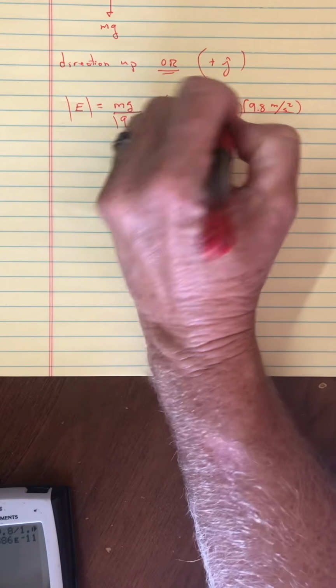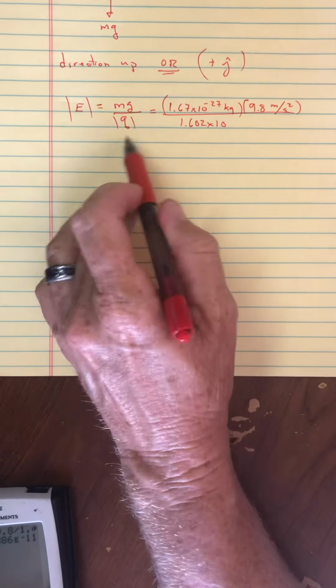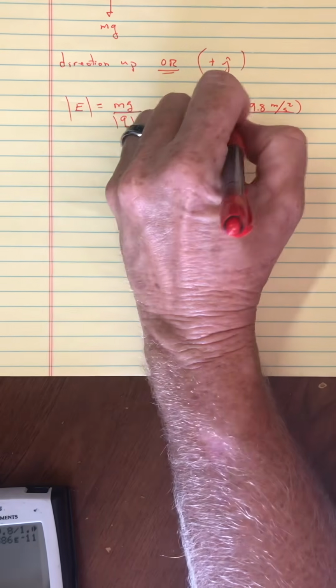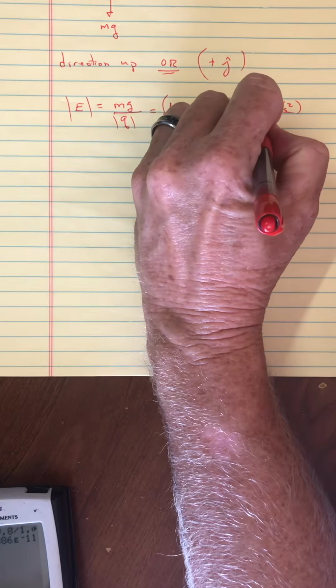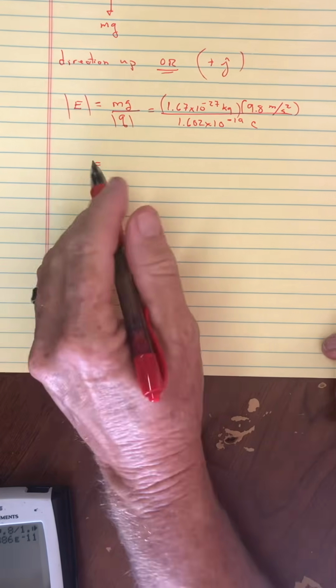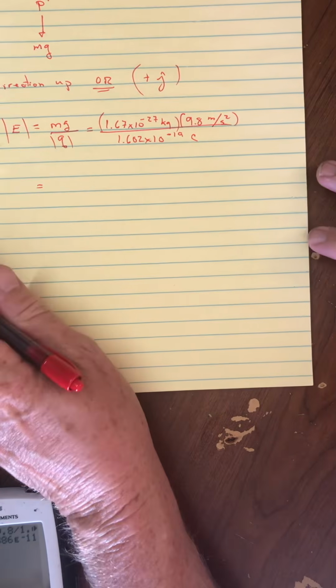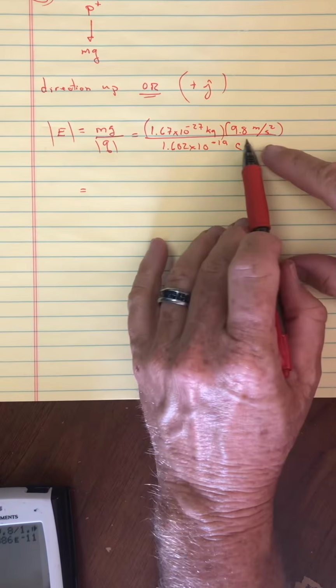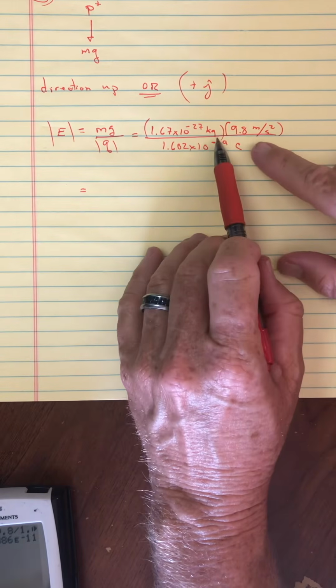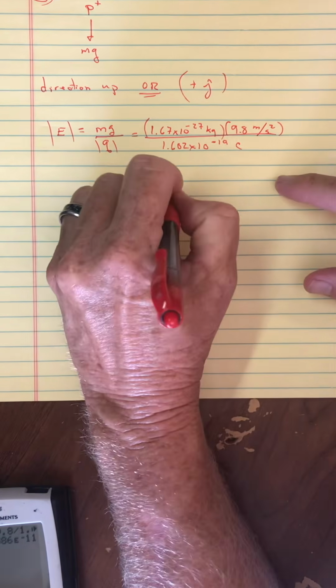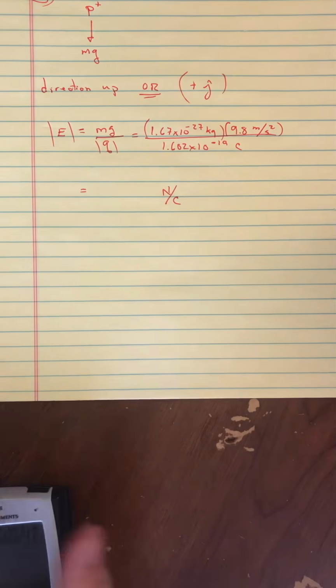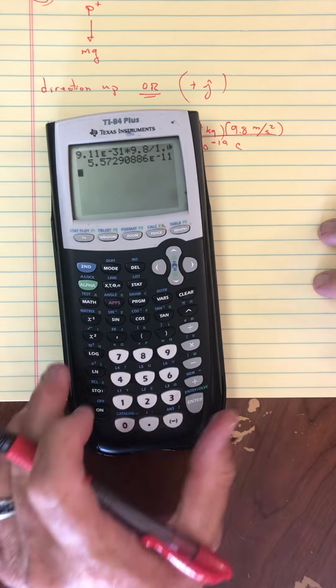This time it's a proton, so it's positive, so I really don't need the absolute values there, but just to make it complete. And again, pointing out that the units would still be that same basic idea, newtons in the top and coulombs in the bottom, so newtons per coulomb.